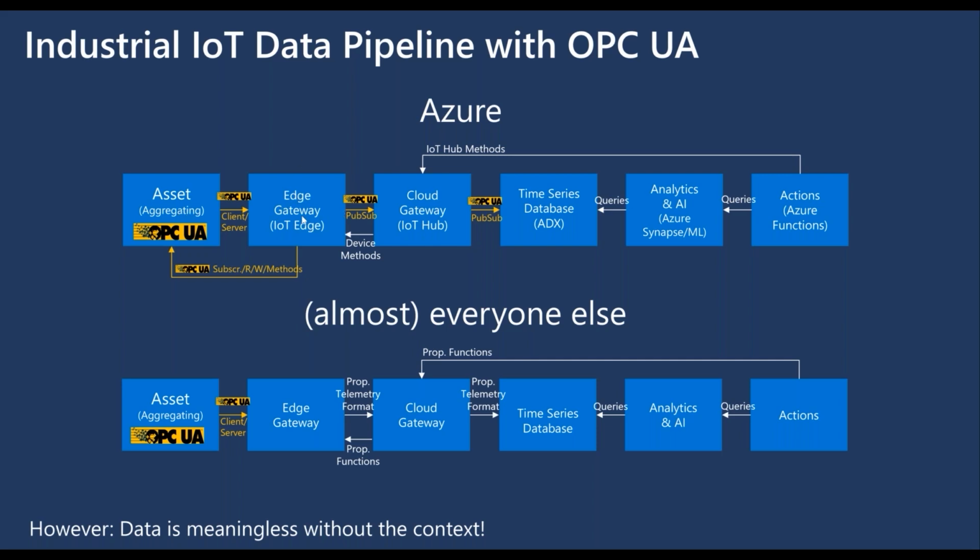And then obviously you have some sort of gateway running on-prem that is sending data to the cloud gateway. Because we're using PubSub, you can connect your time series database directly to the cloud gateway, no data conversion required.